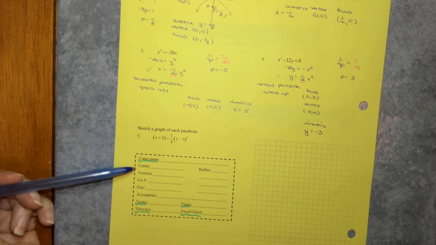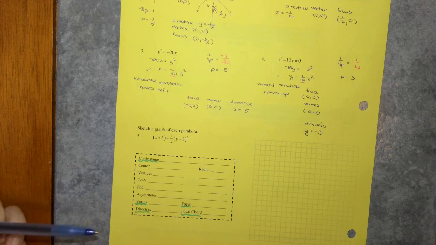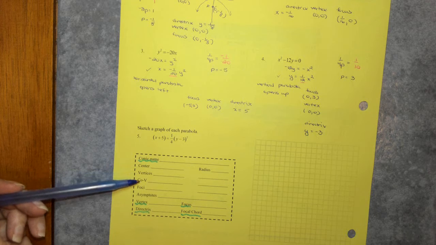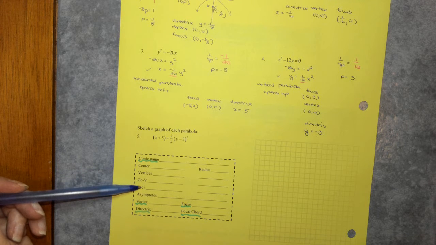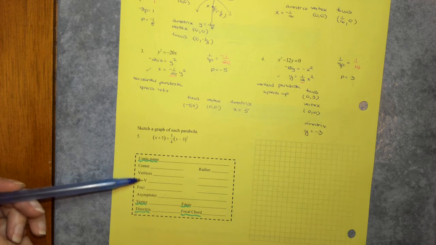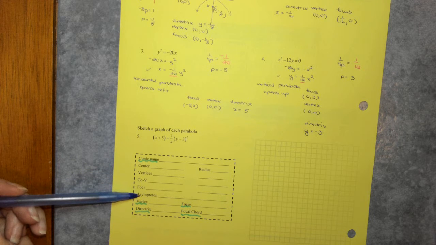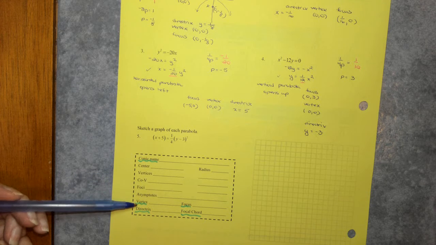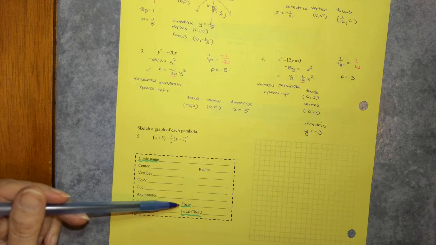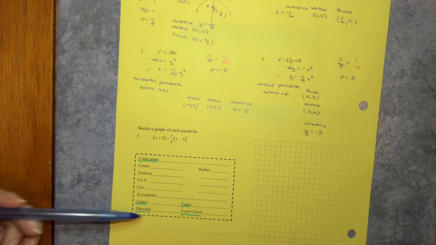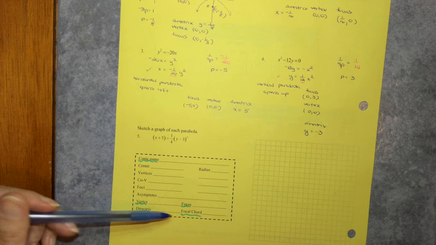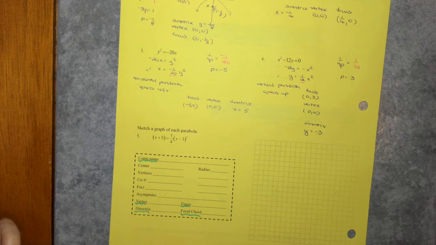Center and radius are used for a circle. Center, vertices, co-vertices, and foci are used for an ellipse. This was the second one we learned. Then we started to do center, vertices, foci, and asymptote for our hyperbolas. And now we're coming straight down to the bottom for vertex, focus, directrix, and focal chord, because those are the ones that go with a parabola.